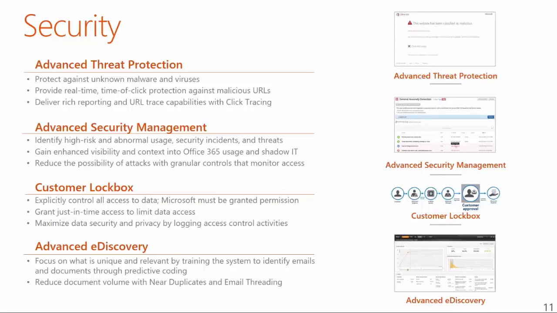But 30 minutes later, it can change to a site that looks awfully familiar and ends up phishing information from you. This technology rewrites that URL so that it creates a transparent conduit through Office 365 so that at the time of click, it will vet the link, protecting you against anything that's malicious like that. And you get a screen very similar to the one you see in the upper right-hand corner. Now, that covers advanced threat protection.